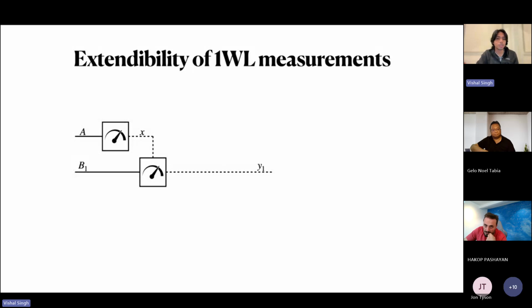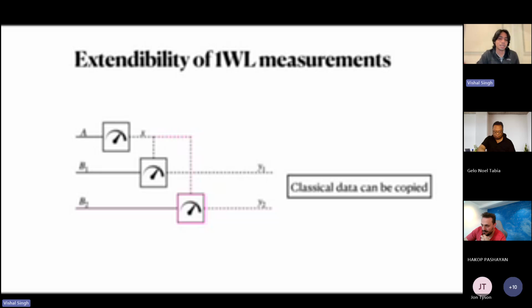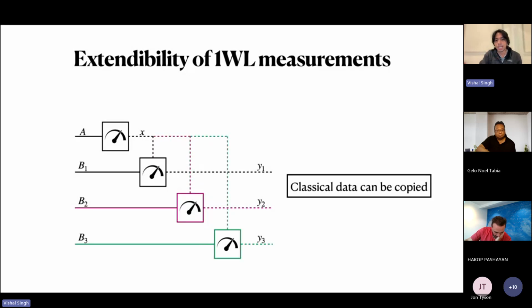What we can do is copy the data that Alice is sending to Bob and just send it to a second Bob. The second Bob has the same strategy to pick the measurements as the original Bob. So what you get is two classical outcomes, y1 and y2, and you can keep doing this over and over again. And so it will be a symmetrically extended Bob system.